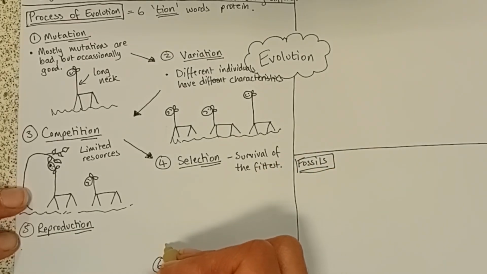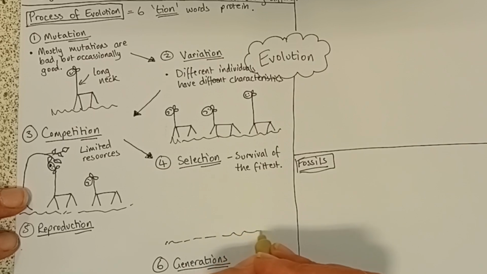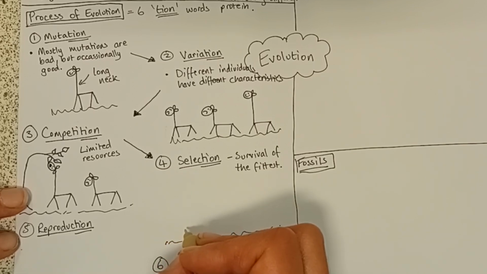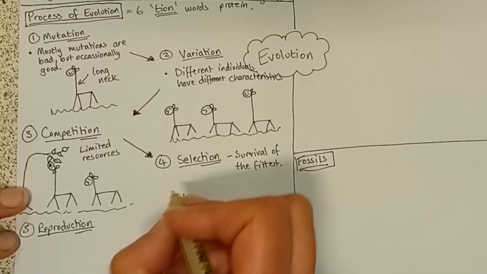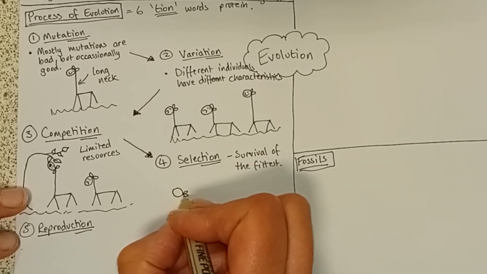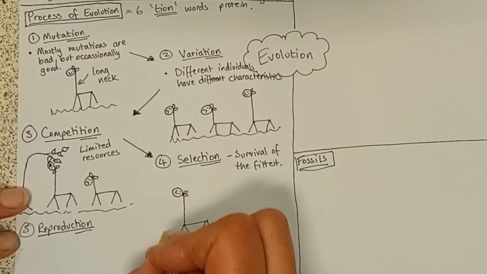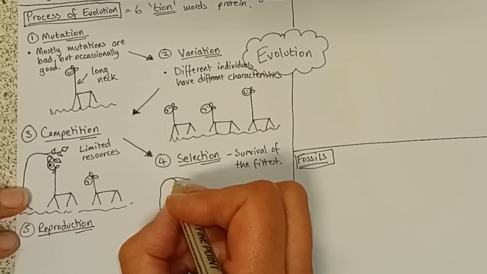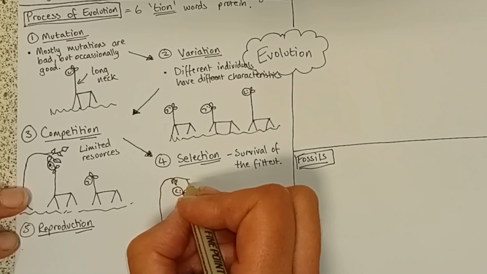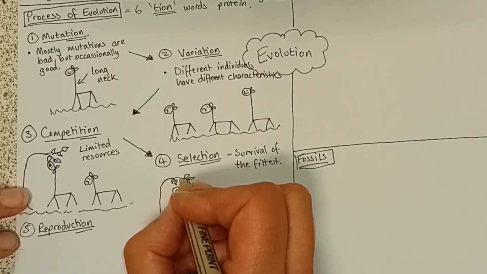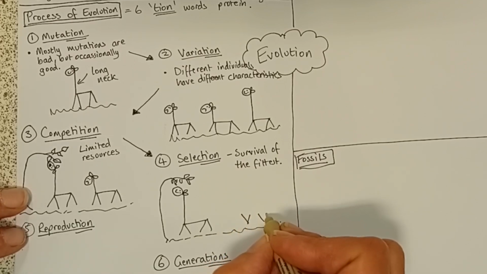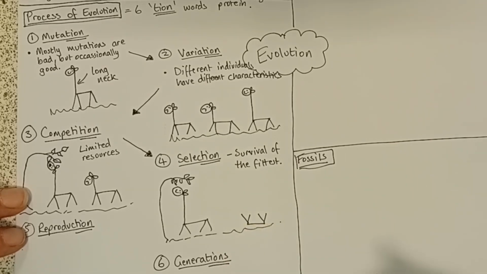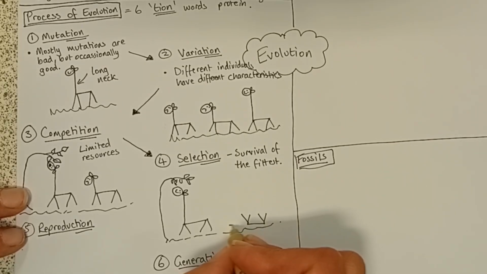So we're going to draw our grass again. So our long-necked giraffe here is going to survive because he can eat the tree. Sorry, eat the leaves on the tree. I'm going to now try and draw a dead short-necked giraffe. So I'm going to draw it on its back. There's its legs. And I'm going to draw its neck straight out.